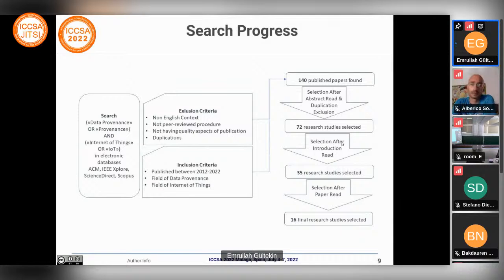And after that, we read all of them, and we looked at whether they have implementation and simulations and enough information about the problem and solution. Thank you very much.